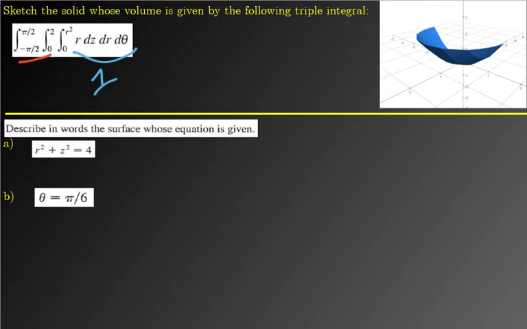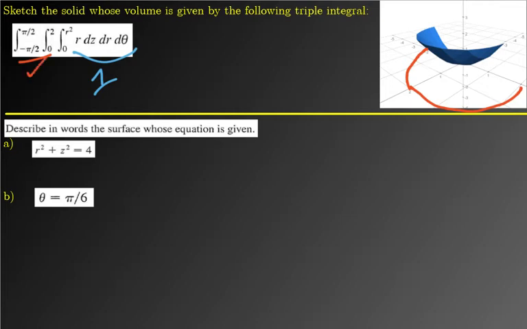So this is where an angle of 0 starts. I started at 2, and we go around, that would be pi over 2, and then negative pi over 2 is scooting back there. And so those two bounds are all done.